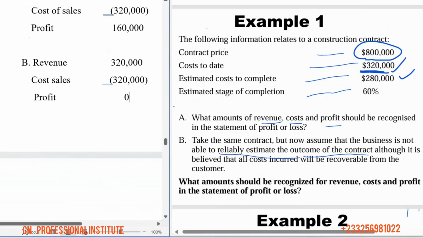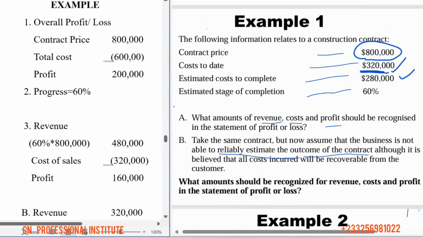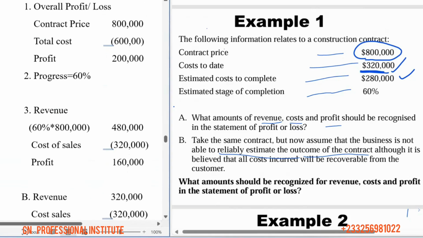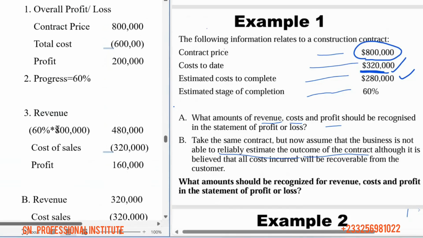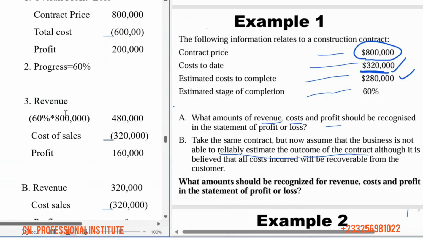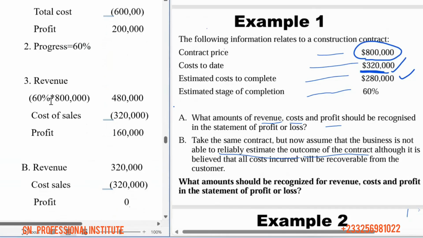So that's all. Let me explain how I would have gone by the old way. When you get to revenue here, if we're using the old way, your revenue would be the normal way, 60% of the 800, which will give us 480,000. But the cost of sales here wouldn't have been 320, it wouldn't have been cost to date.